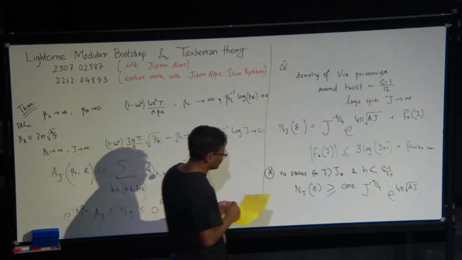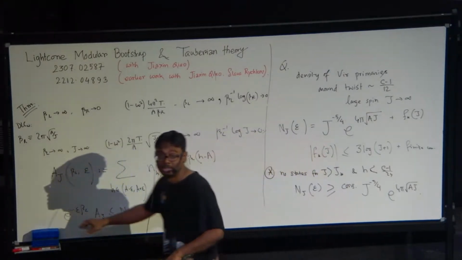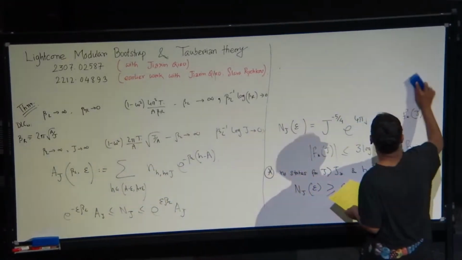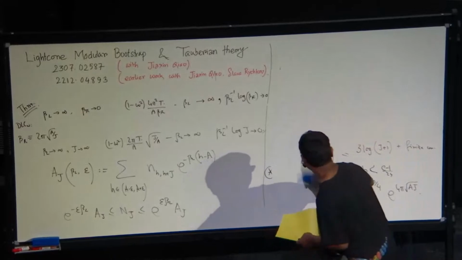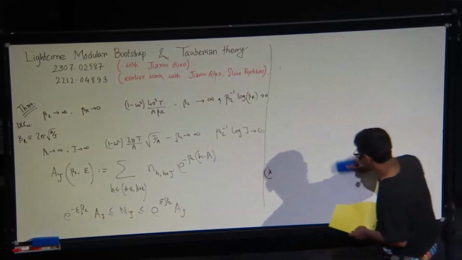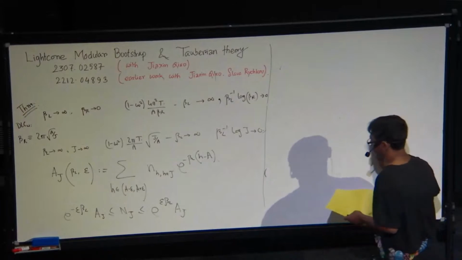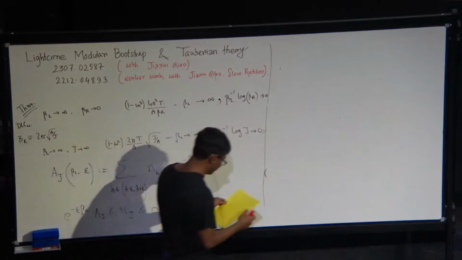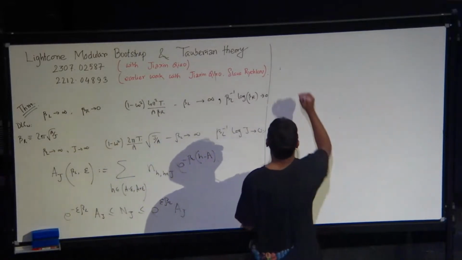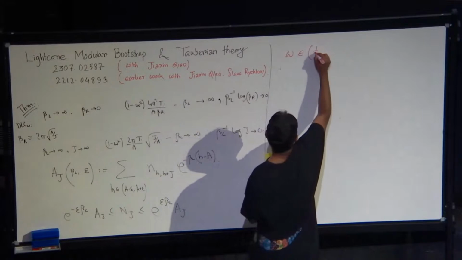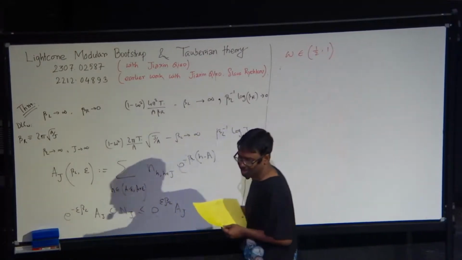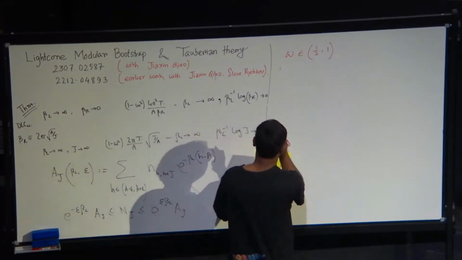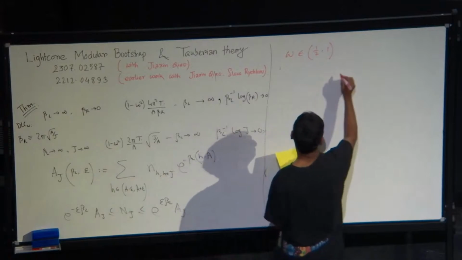So the theorem we prove, the statement is the following. Okay, bear with me because it might look a bit scary, but we pick the parameter in the range half comma 1, and once we fix this, we then pick the parameter epsilon.